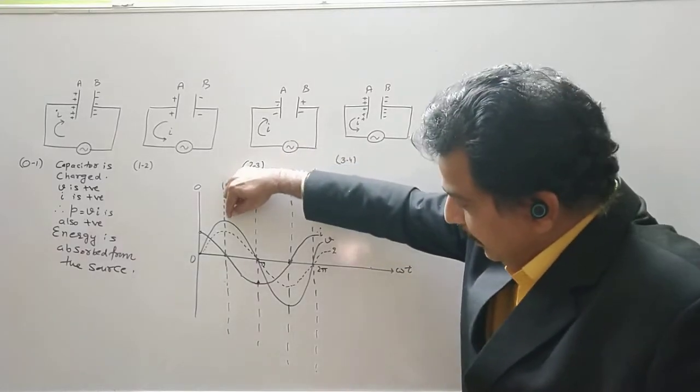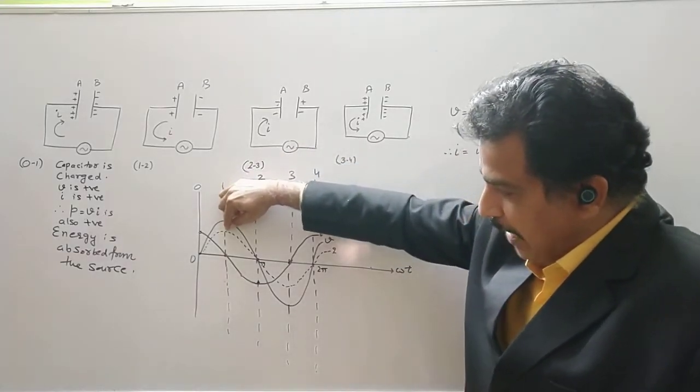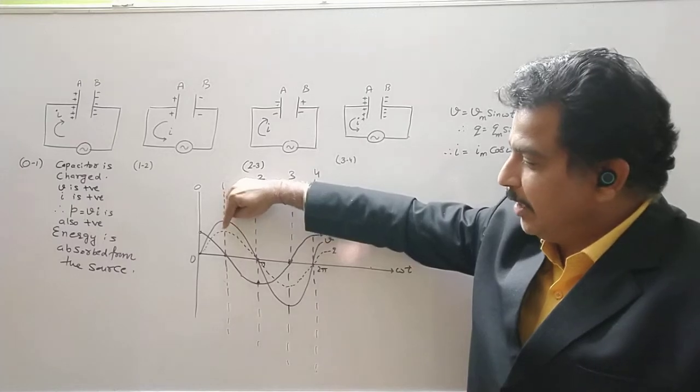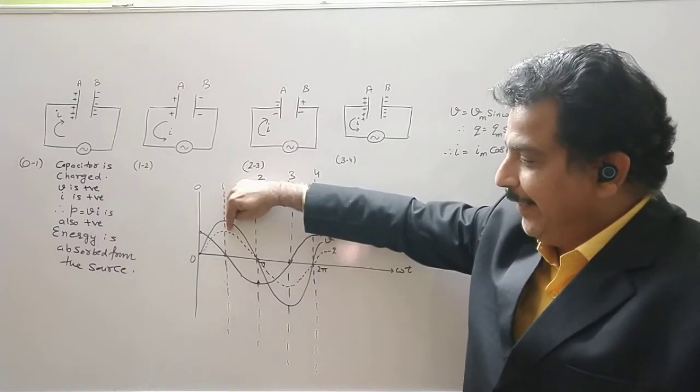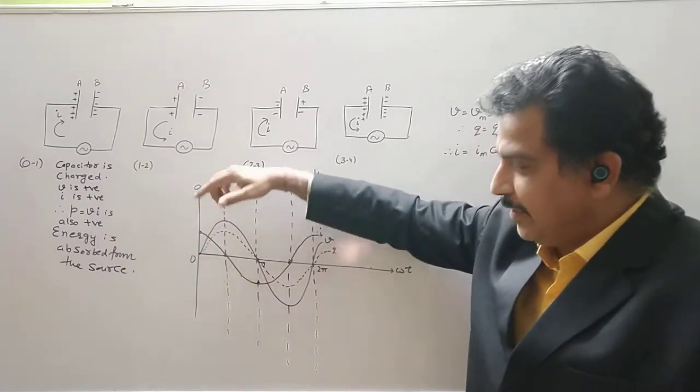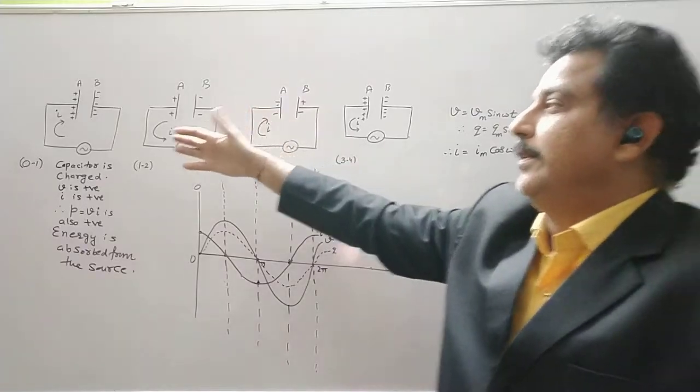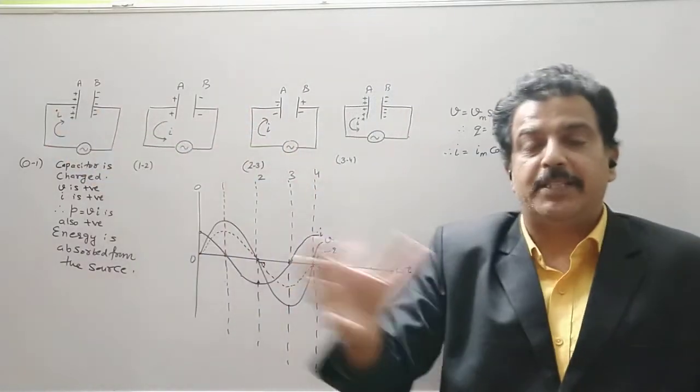At this point, the capacitor is fully charged, the charge accumulation is maximum, and as the charge increases, it opposes the current, that is the capacitive reactance.